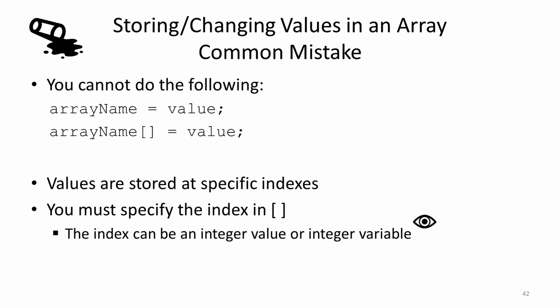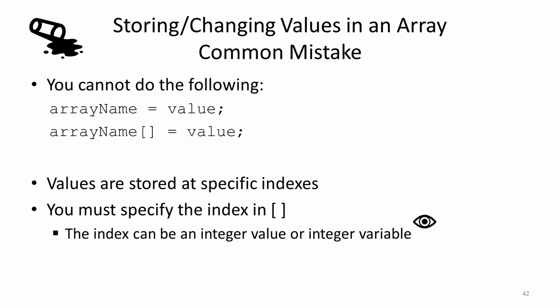Here's a common mistake when storing or changing values in an array, so be careful. You cannot do something like this. You cannot just say array name equals some value, or you cannot just say array name empty square brackets equals some value. Values are stored at specific indexes.